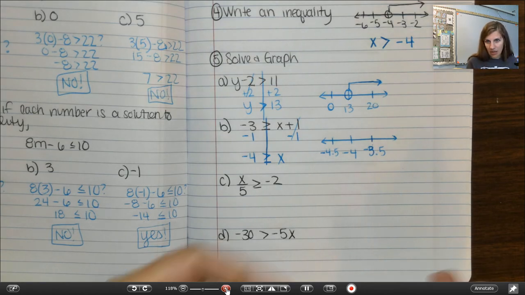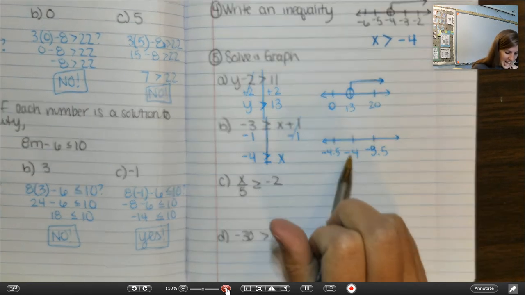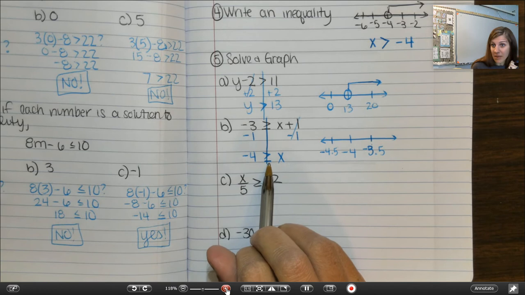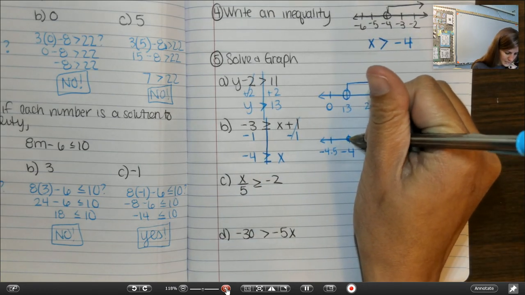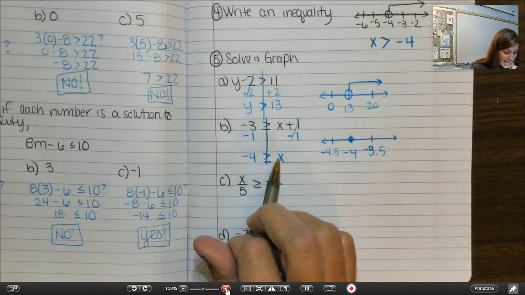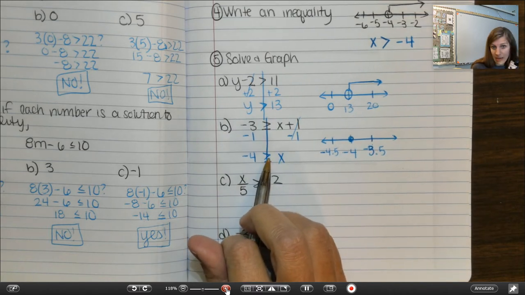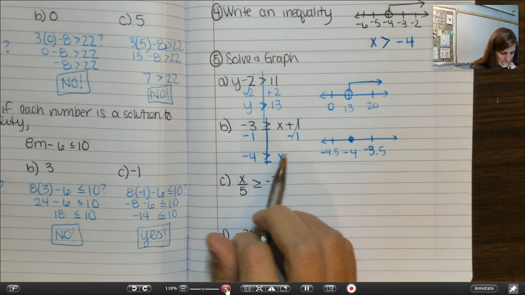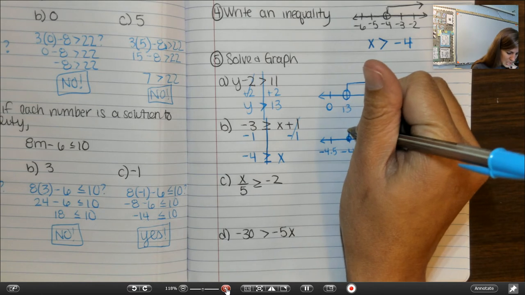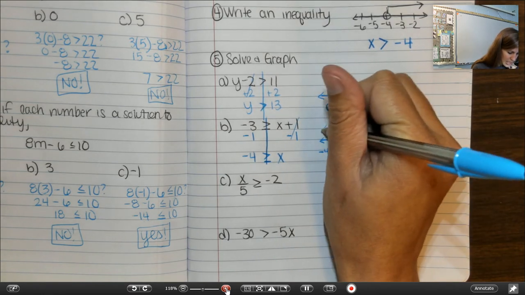Don't like them, but there they are. And on negative 4, because I'm equal to this time, I can do a filled in circle. And x is closer to the baby bird, so x is going to be smaller, because baby birds eat the smaller numbers. X is going to be smaller than negative 4. Now, smaller numbers are always to the left, so my arrow is going to point to the left.